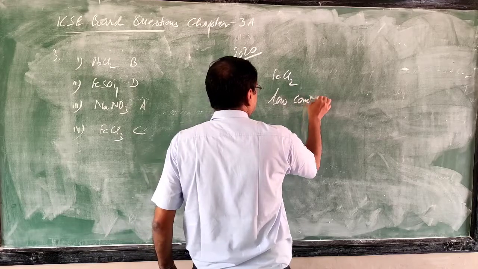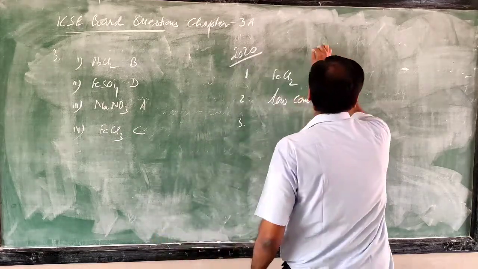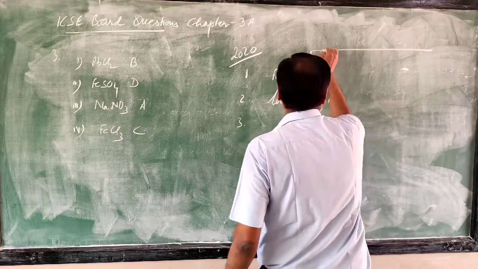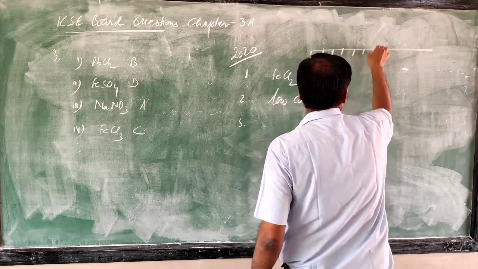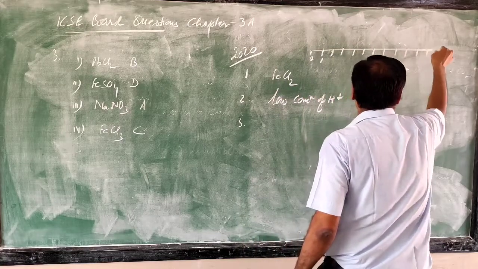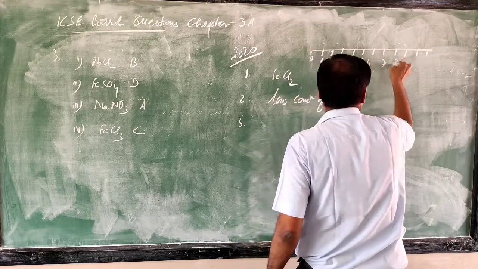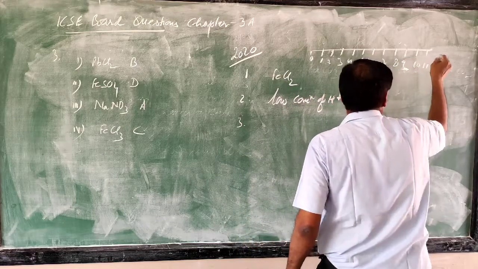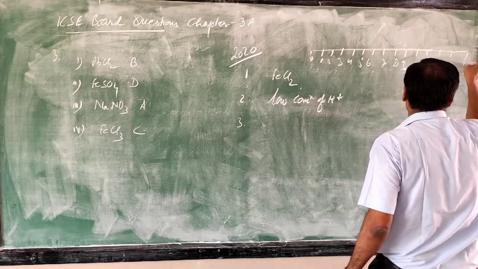We have studied the pH scale: 0, 1, 2, 3, 4, 5, 6, 7, 8, 9, 10, 11, 12, 13, 14.